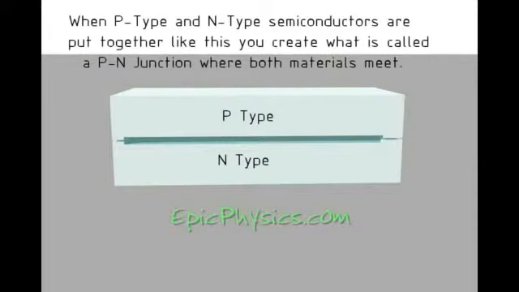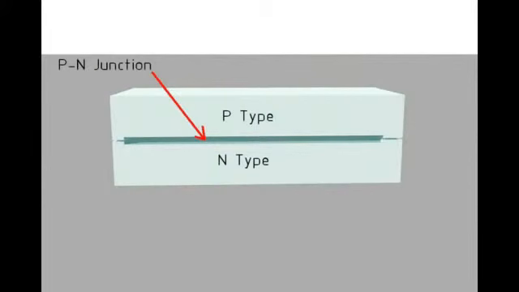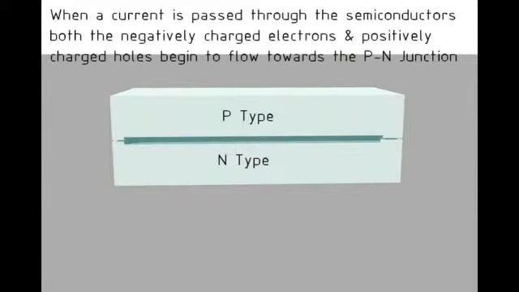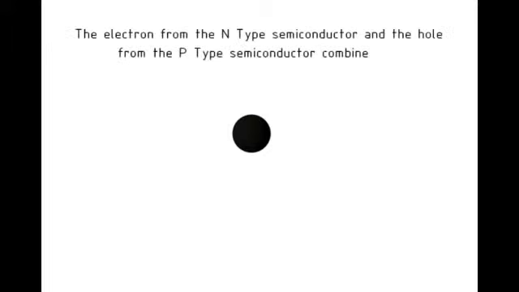When p-type and n-type semiconductors are put together like this, you create what is called a p-n junction, where both materials meet. When a current is passed through the semiconductors, both the negatively charged electrons and positively charged holes begin to flow towards the p-n junction.